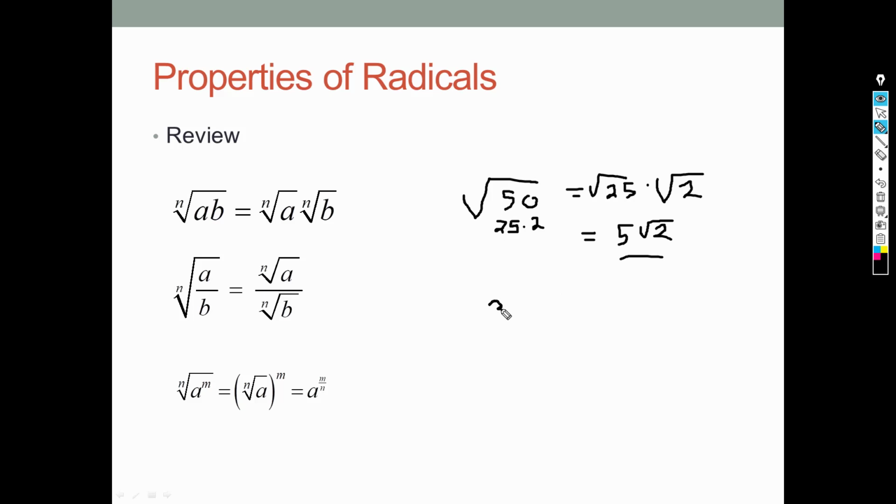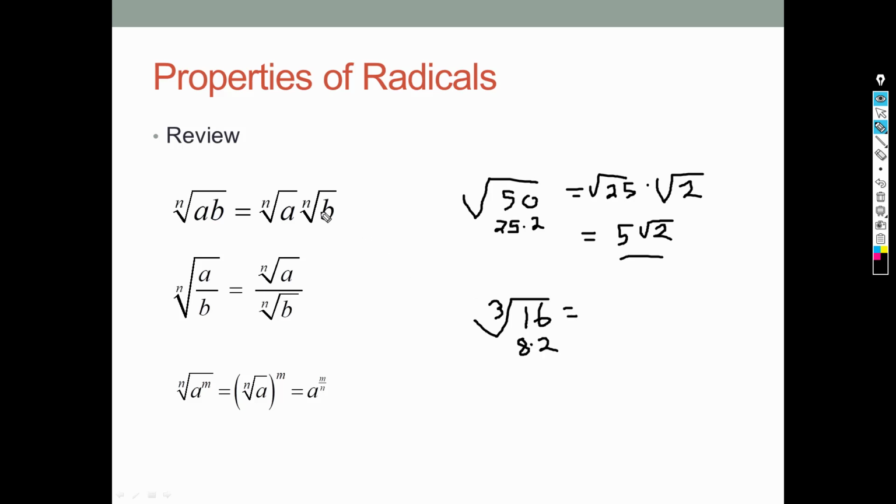Or you have a cube root, say of 16. Now if that were 17, that would be it. 17 would not have any perfect cubes as factors, but 16 can be written as 8 times 2.